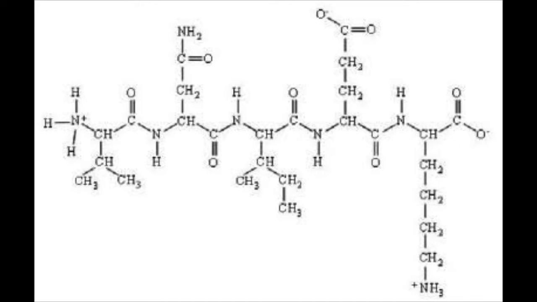When you fold that chain up, all those antlers interact with each other and you end up with a specific shape, and the shape of the protein determines its function.